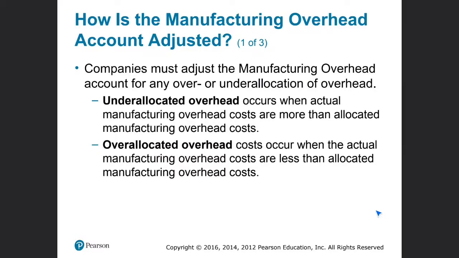If there is under allocated overhead, that occurs when actual manufacturing overhead costs are more than the allocated manufacturing cost. So for under allocated, this occurs when actual manufacturing overhead costs are more than allocated.